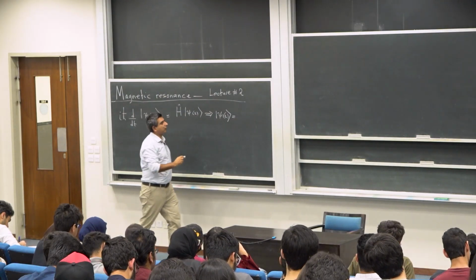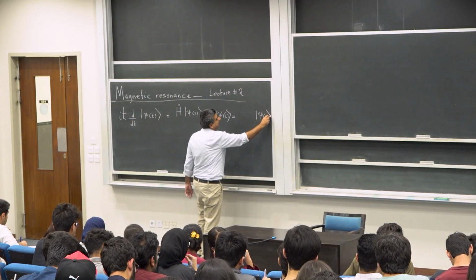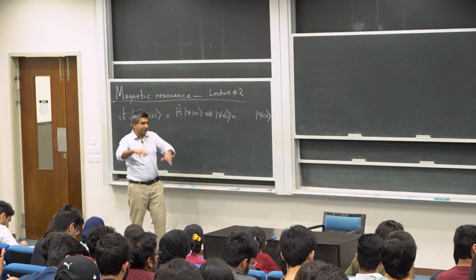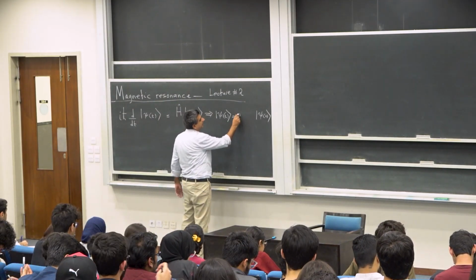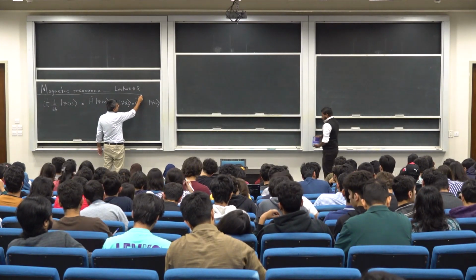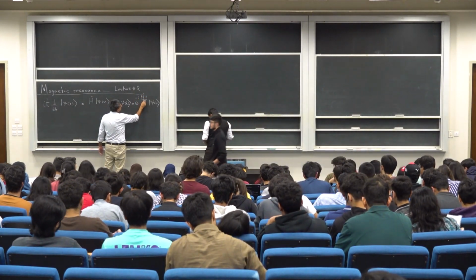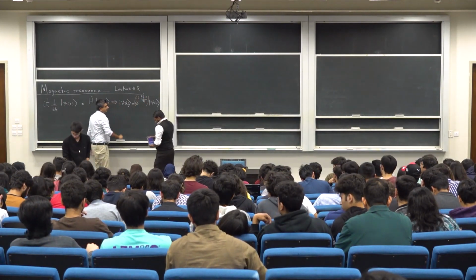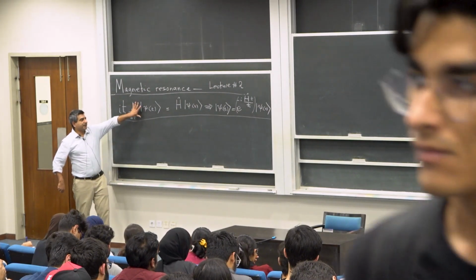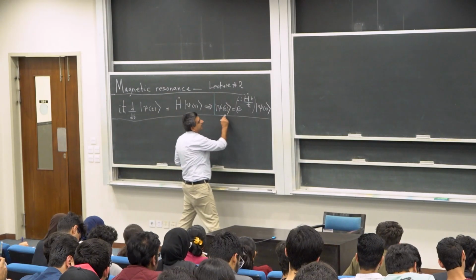You look at the quantum state at some time 0, and upon this initial quantum state acts an operator. That operator is e raised to the power minus i H t over h bar. All right. So this is the time-dependent Schrodinger equation, and this part is the solution.